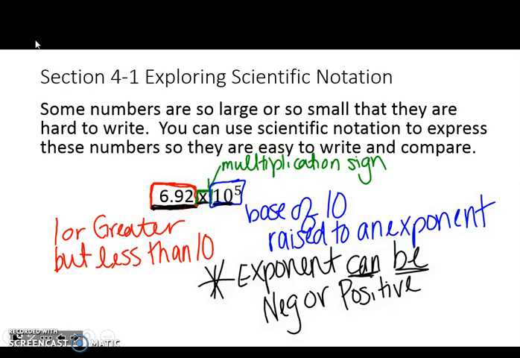That's different than our exponent rules that we just got done with, because we had to flip all of the negative exponents. But with scientific notation, it's okay if the exponent is negative. So make sure you put big asterisks around that. This is very, very important.